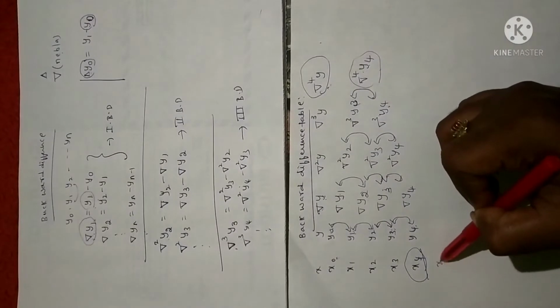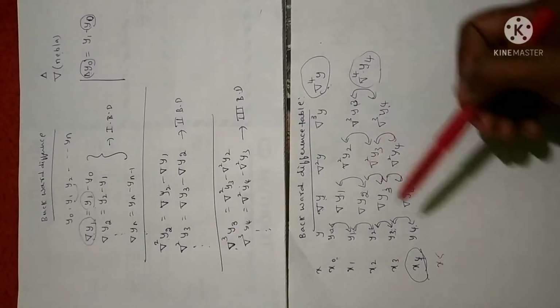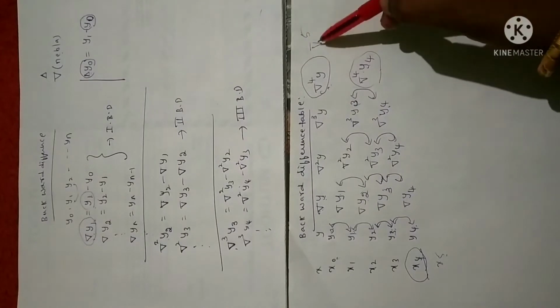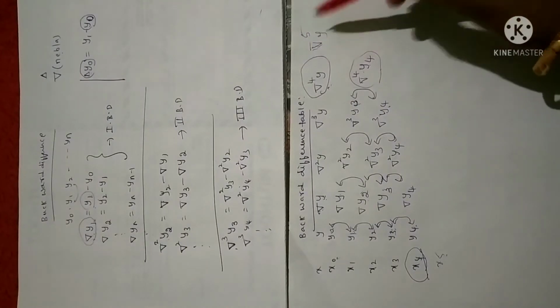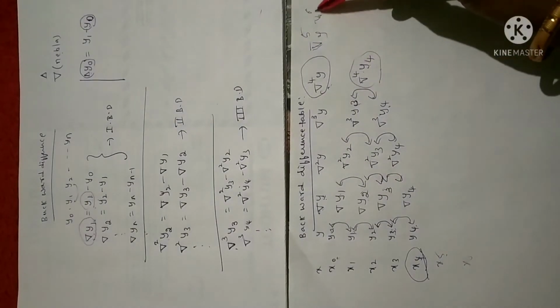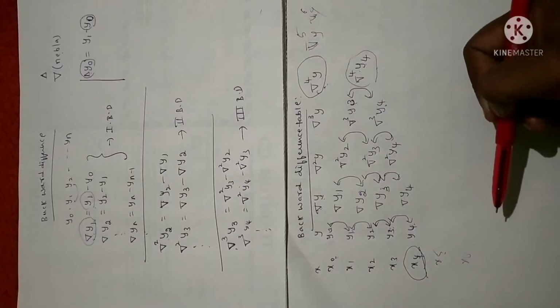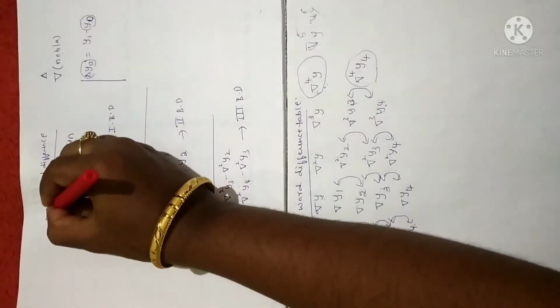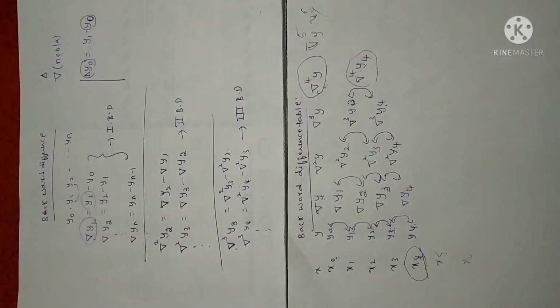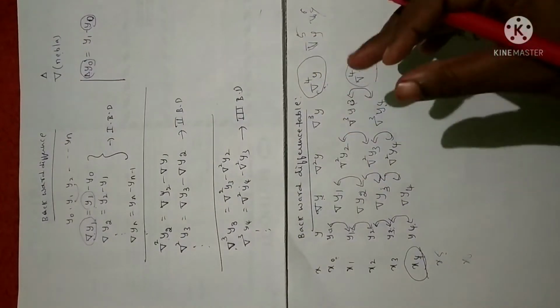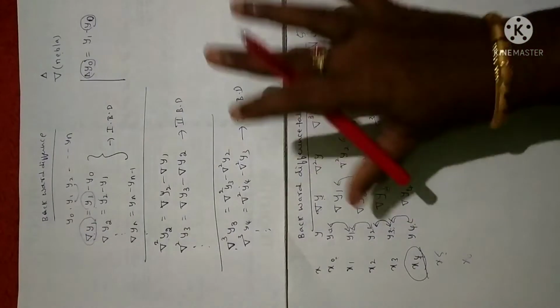Suppose you have one more term x5, then we can get one more difference, that is reverse delta power of 5 of y5. Similarly, with one more extra term you can get reverse delta power of 6 of y, and it will continue. Fine. So this is the concept regarding backward difference and forward difference. Anyhow, let me solve two simple problems before going to the concept of Newton forward difference. This idea should be there in order to solve Newton forward difference and Newton backward difference. So this is the backward difference.